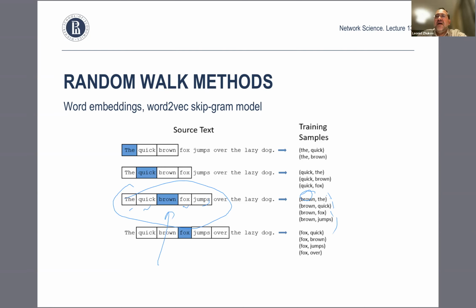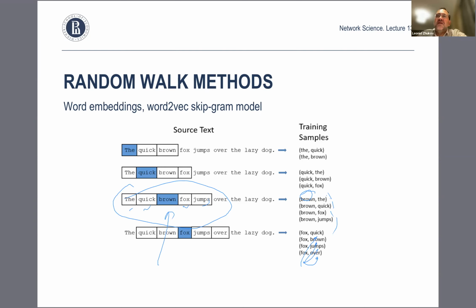When you have this set up, you can slide the context window through the text and generate those examples, and then build a predictive algorithm that, given a word, will predict the probability of the words within the context.